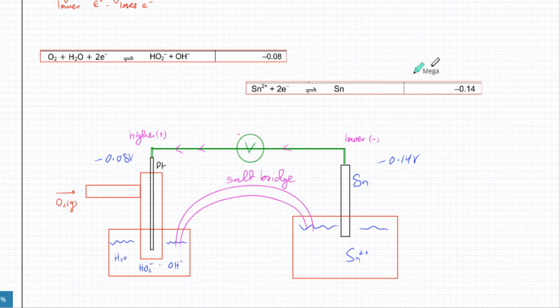Sn will lose electrons, and oxygen will gain electrons. So remember, the lower potential is the one that likes to lose electrons, and relatively speaking, the higher potential is the one that's going to gain electrons.